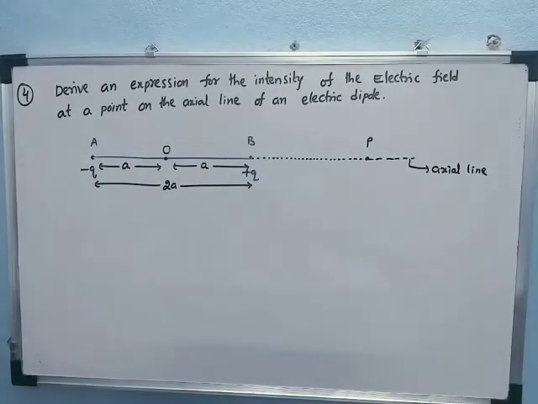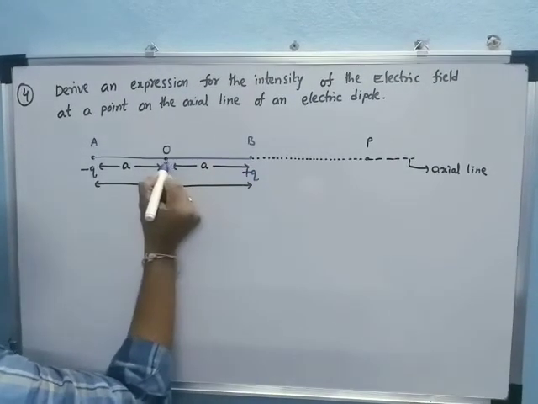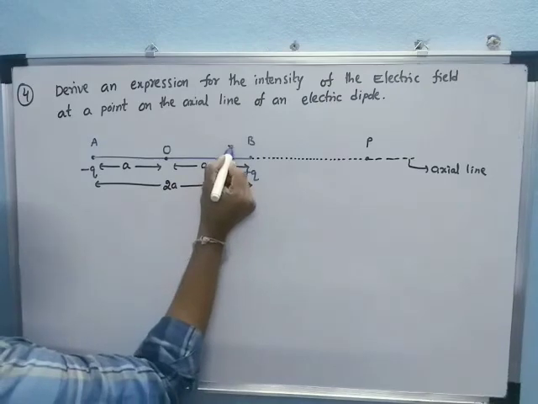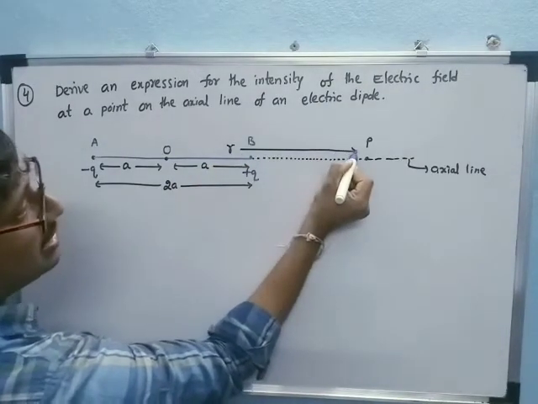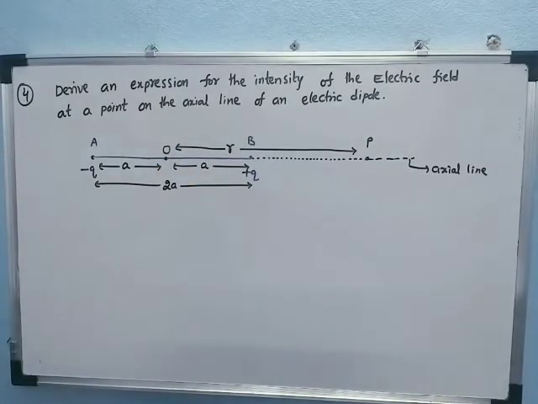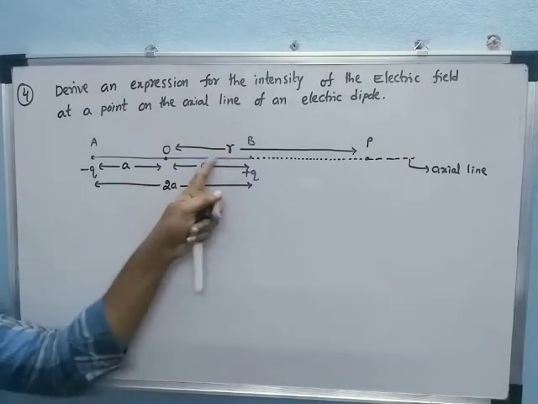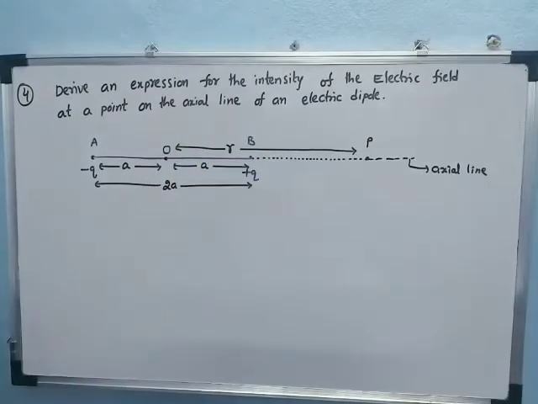Now we can find this P point distance. The small r is the distance from the center of the dipole to P point.